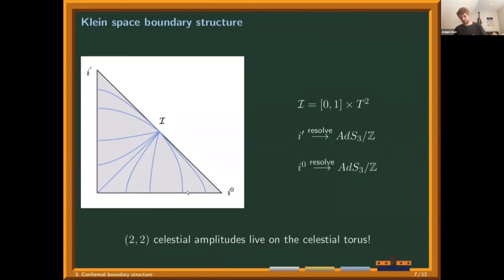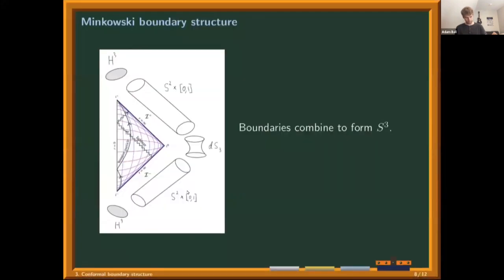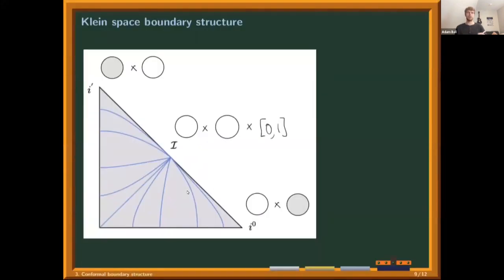So they're the same geometry but with opposite signatures. One of them is 2,1 signature, the other one is 1,2. Topologically, AdS3 mod Z is just a disk times a circle.